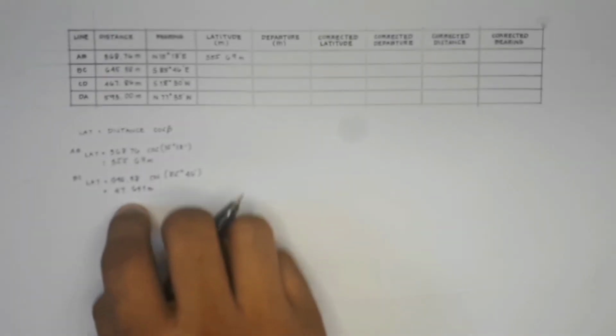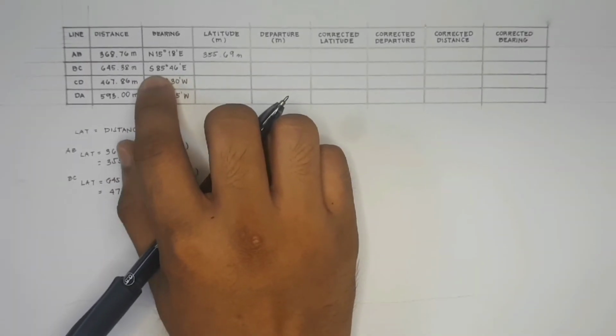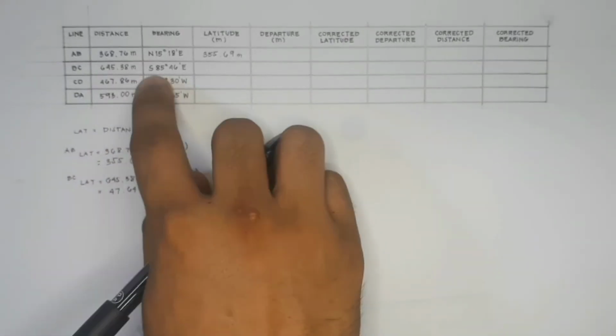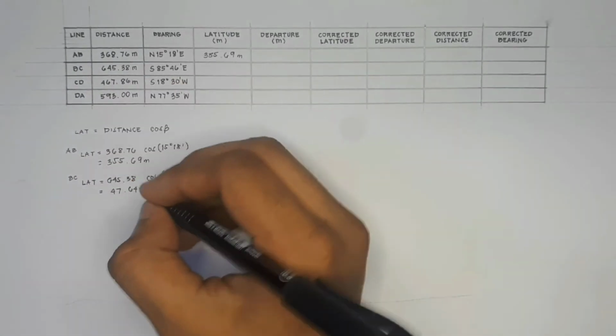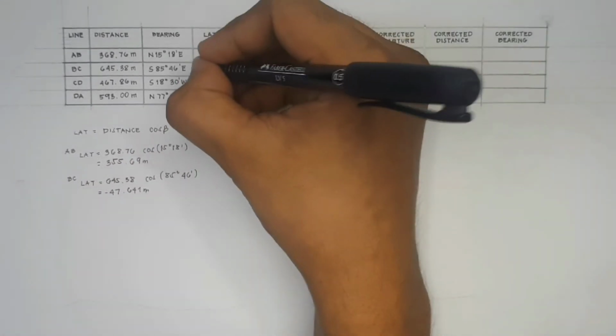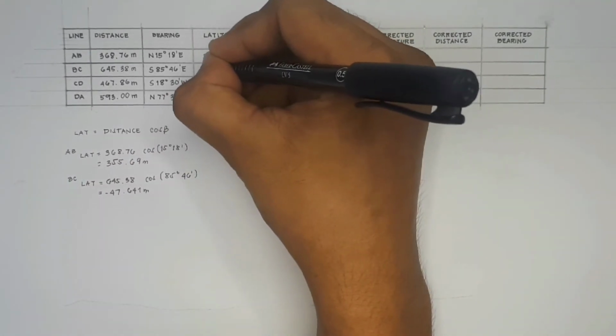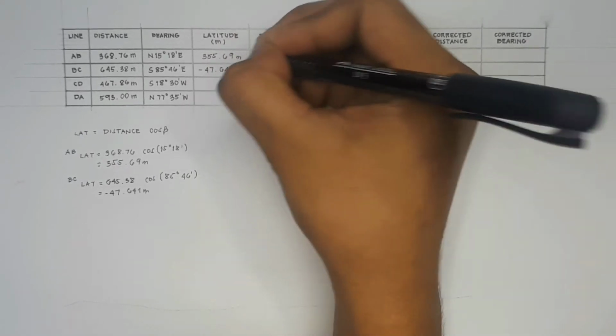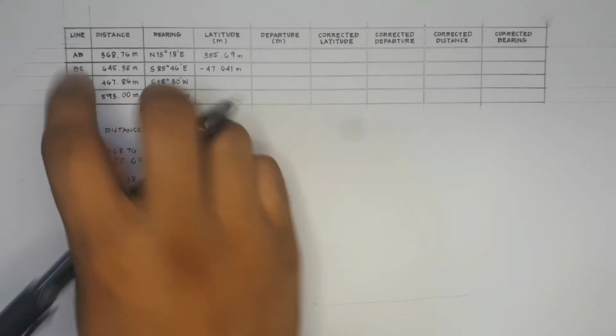And since the direction of our line is from south, this means that we have a negative latitude. So we have here negative 47.641 meters.